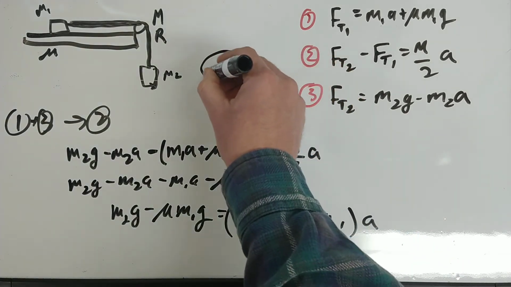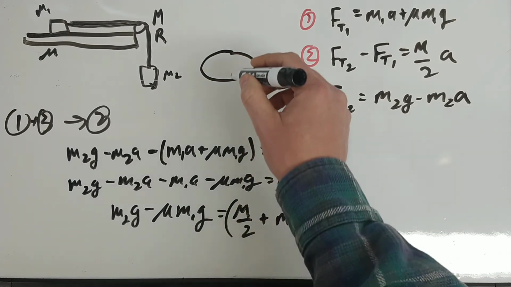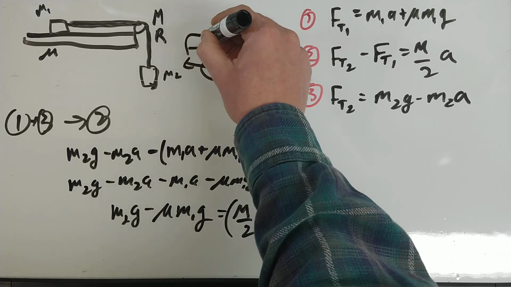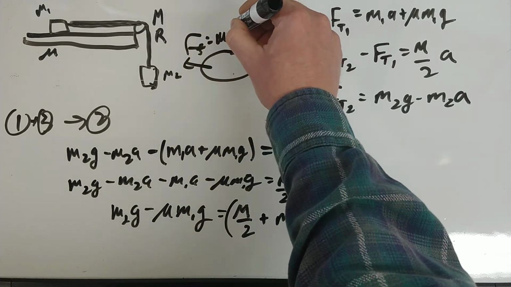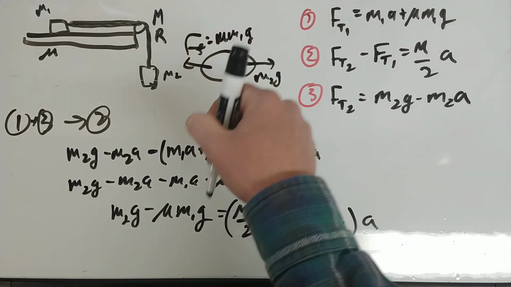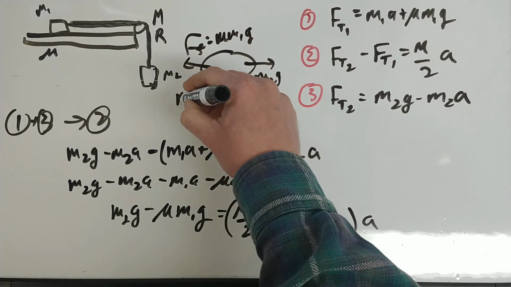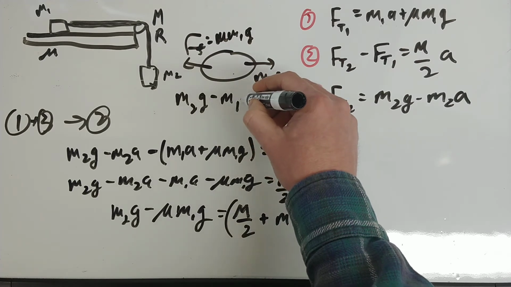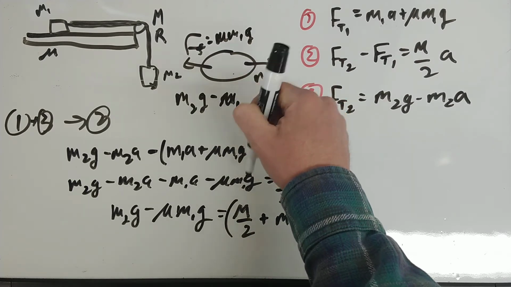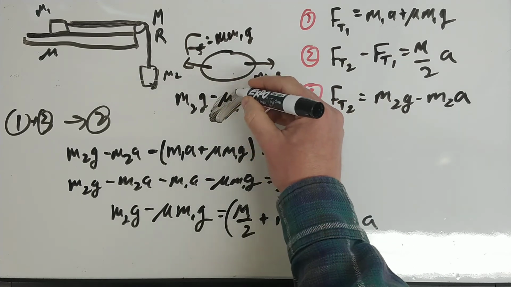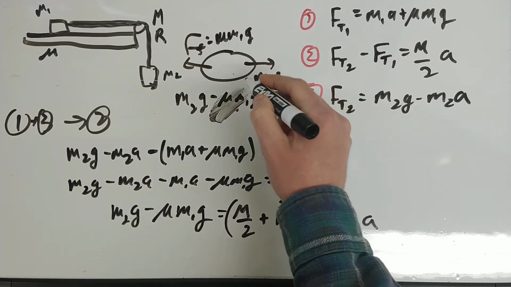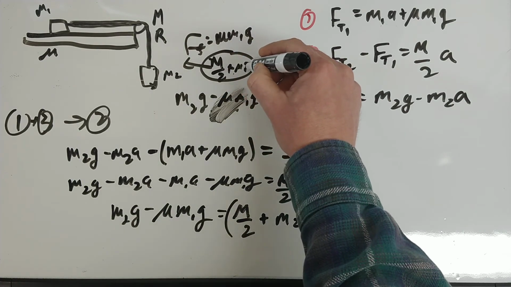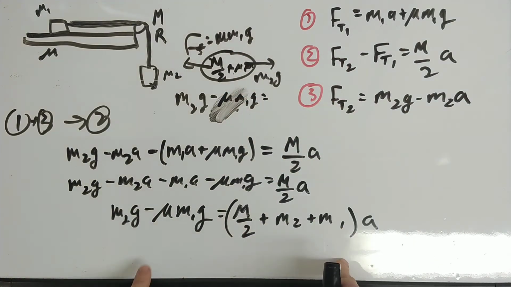If you think about the blob method, what external forces are acting in the system? Well, m2g and the force of friction, which is mu times m1g. So m2g is trying to pull it to the right, friction is resisting it, and that has to be equal to the total mass, which you might remember is m over 2 plus m1 plus m2, and look, that's where you end up.